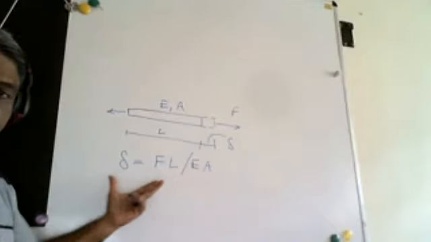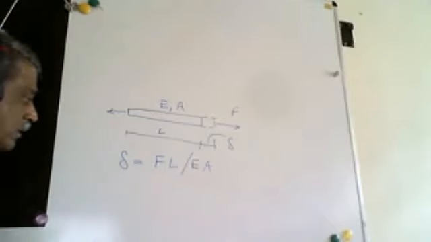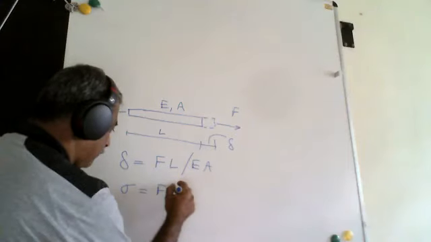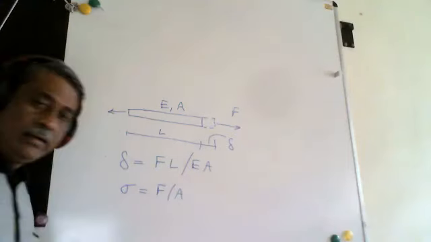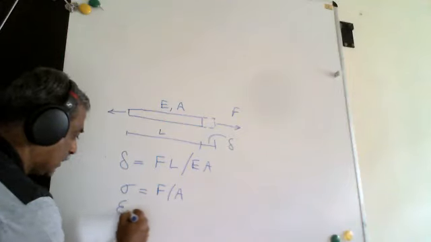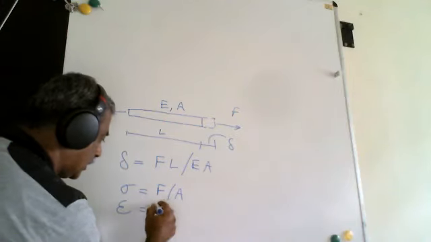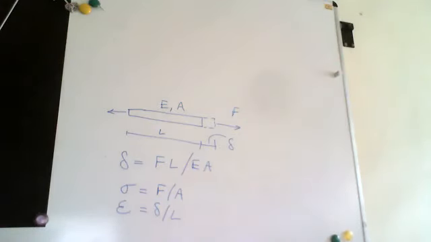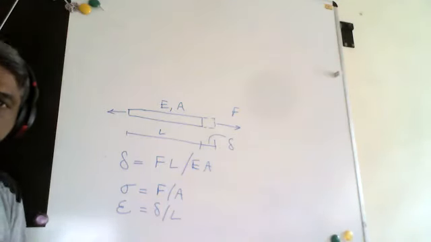How did I get this? I did two things. One is I had stress, which is F divided by area. The other was strain, which was taken as delta by L. So far, okay?